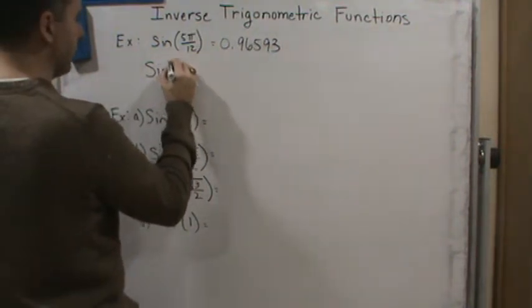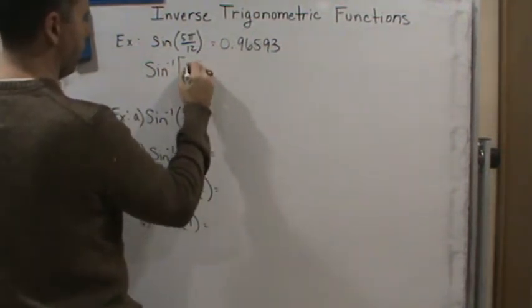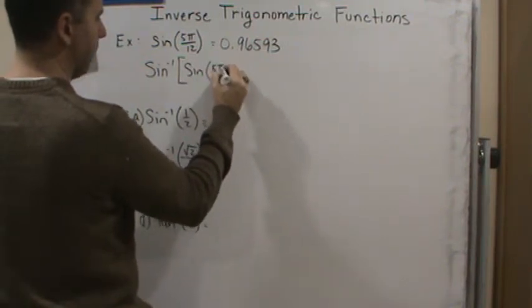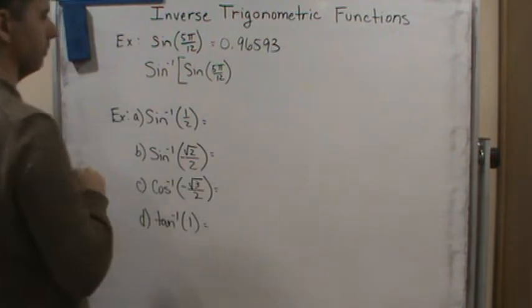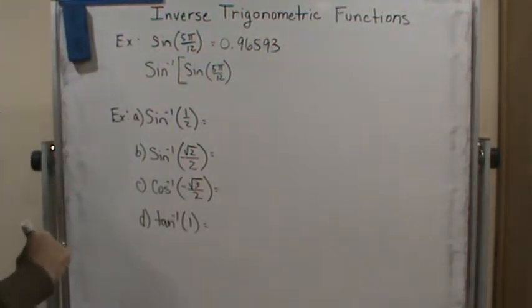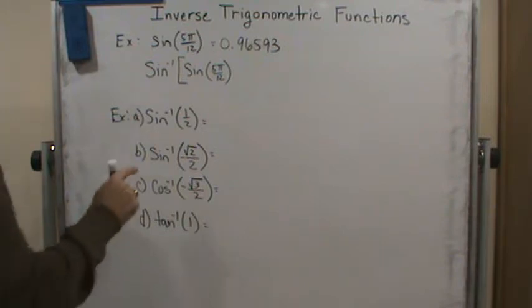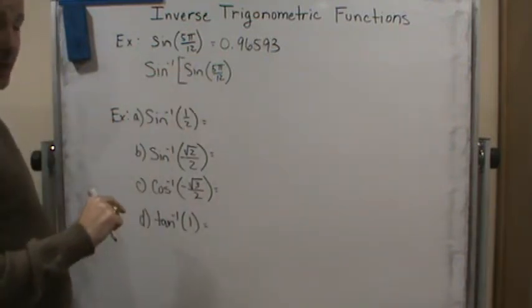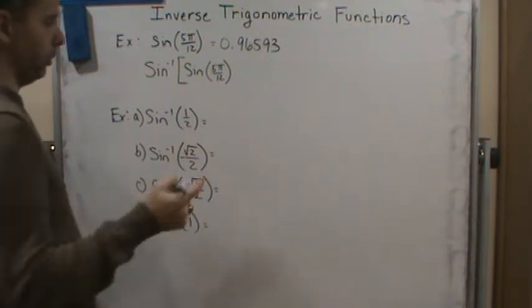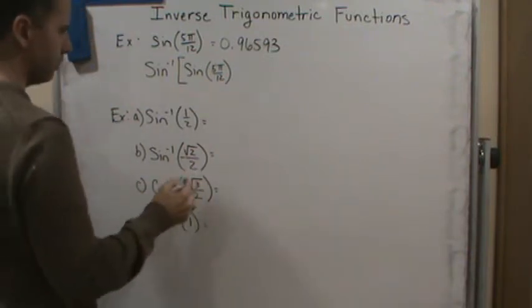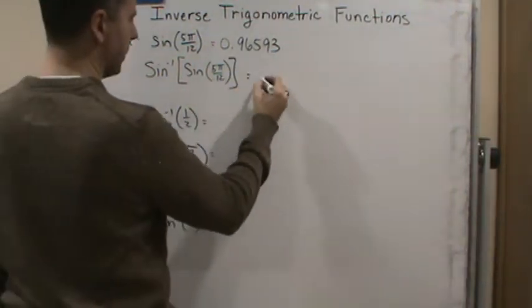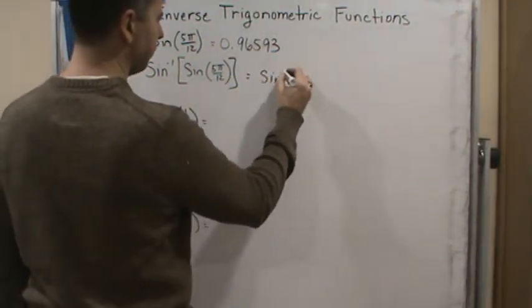So if I take the inverse sine of sine of 5 pi over 12, which is less than a half, this angle is between negative pi over 2 and positive pi over 2, okay? So we take the sine and then sine inverse, and then we take the inverse of the other side.